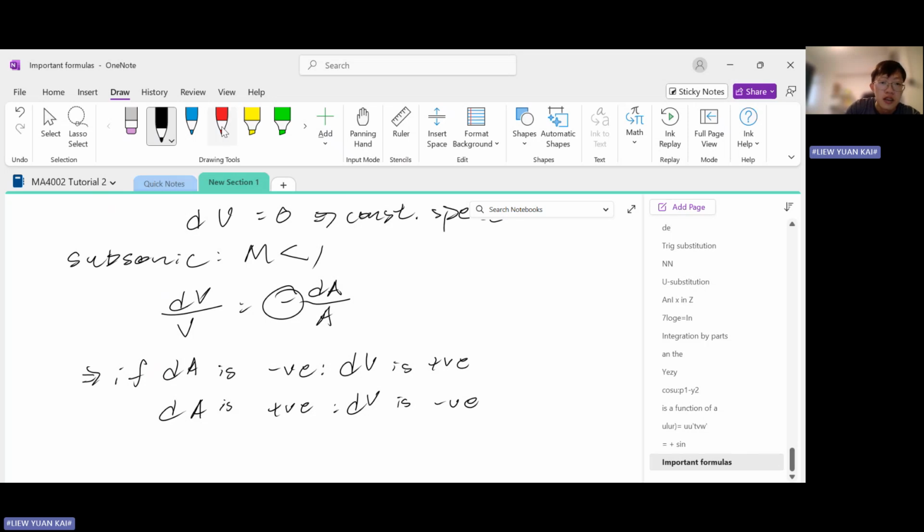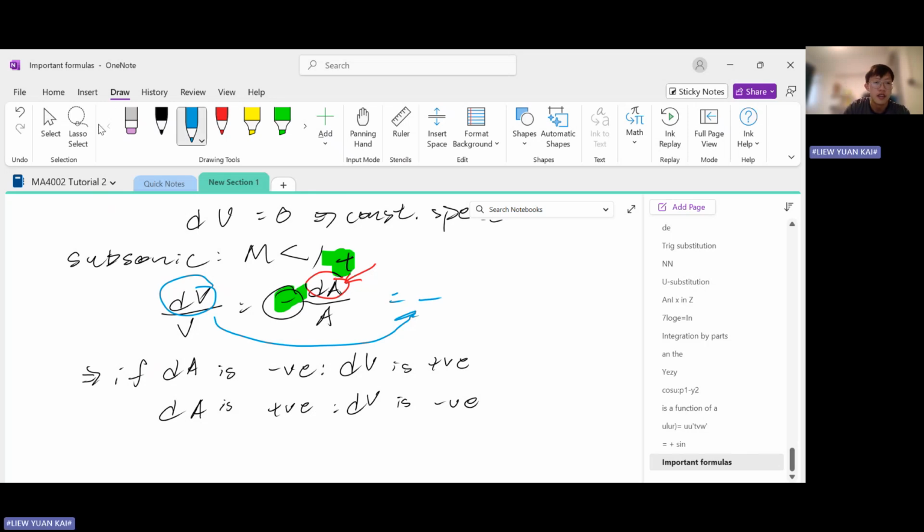Right? Take a look at this side. If dA is positive, then negative and positive will give me negative, right? Which means that my dV is negative. So that means for subsonic flow, as area decreases, velocity increases.